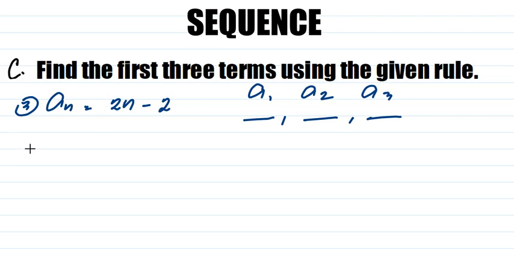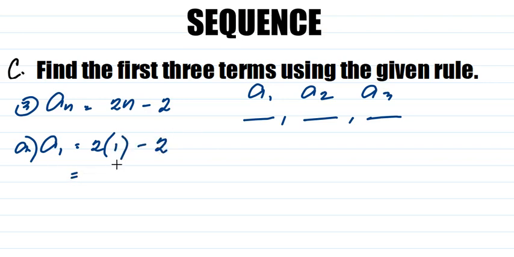Okay, so first, letter A. So, since yung unang term yung hinahanap natin, which is yung n niya, ay magiging 1. So, that's why a sub 1 equals to 2. Yung 2 at saka n ay nakamultiply silang dalawa. Okay, so 2 times 1 minus 3.